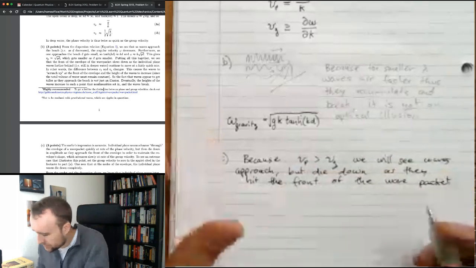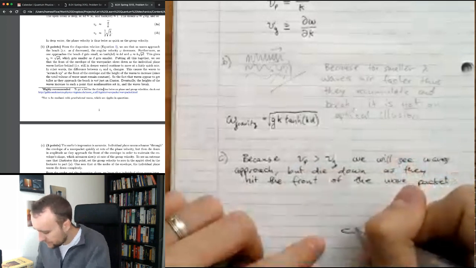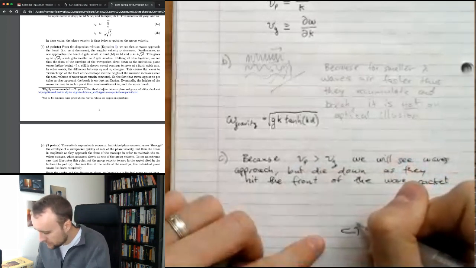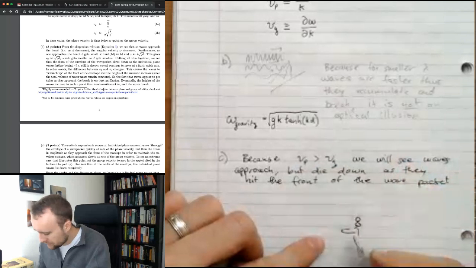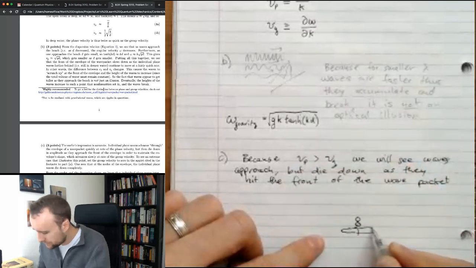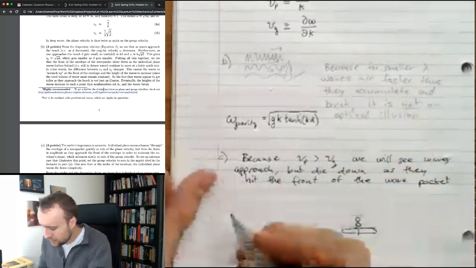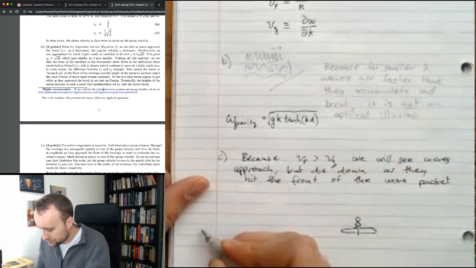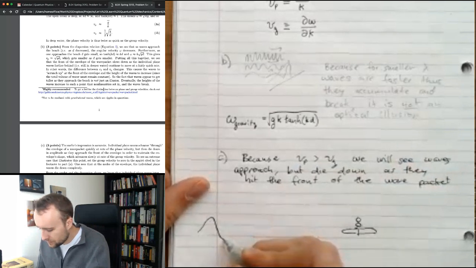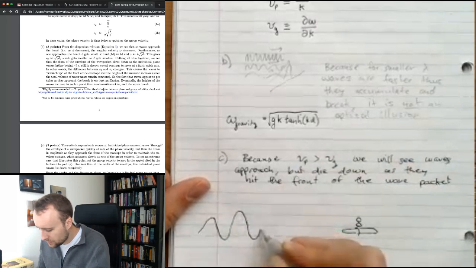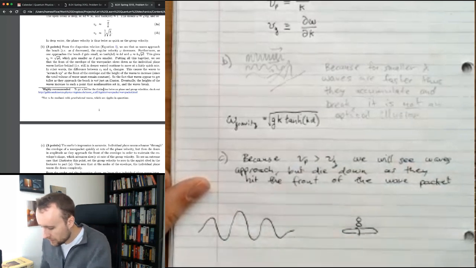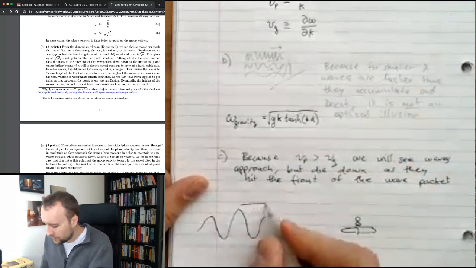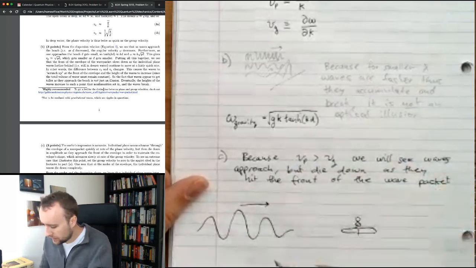So let's draw a little picture of this guy right here. So we've got our surfer sitting on a surfboard, waiting for the waves to come in here. And what that person sees is these waves approaching pretty quickly, so he's excited, but the actual group is moving kind of slowly.